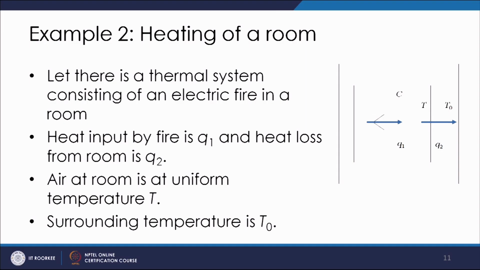Now, let us take another example. This is an example of, say, heating of a room. Suppose this is my boundary of the room, and here there is a heating coil. This symbol indicates a heating coil.